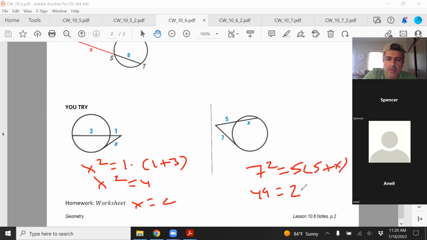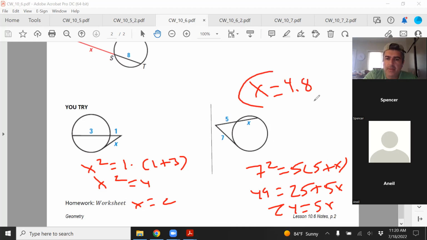So 49 equals 25 plus 5x. 24 equals 5x. x is 4.8. So yeah, that's 10.6.